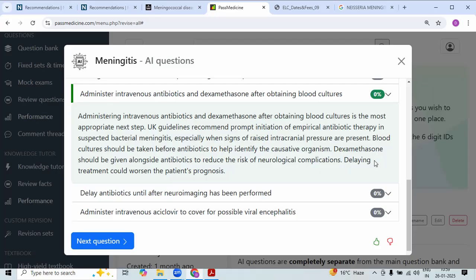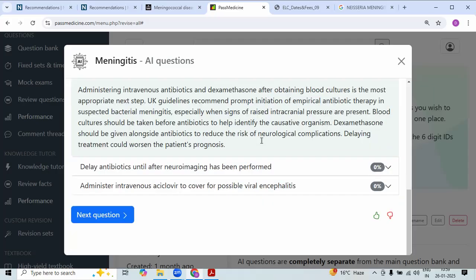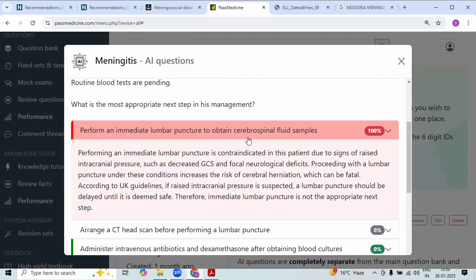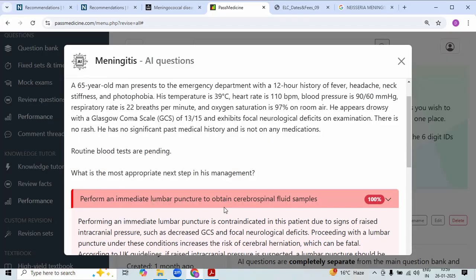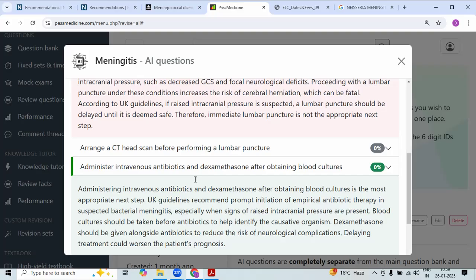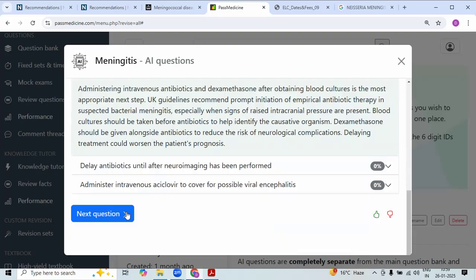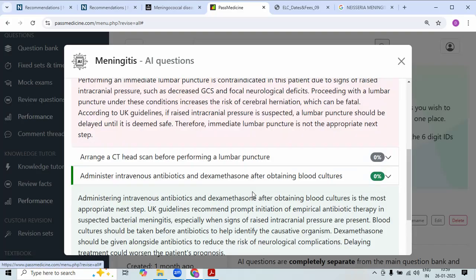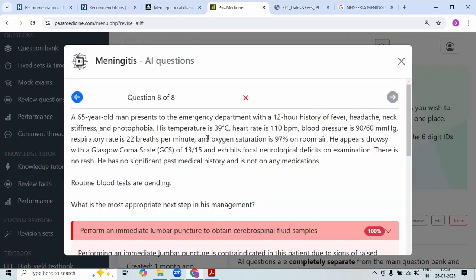Delaying the treatment could worsen the patient's prognosis. So, more than obtaining a lumbar puncture, blood cultures are much more important. That is what we learned from this. I think that is enough for forming the base to solve and attempt questions on meningococcal. That's all from my side, and all the best for your exam.